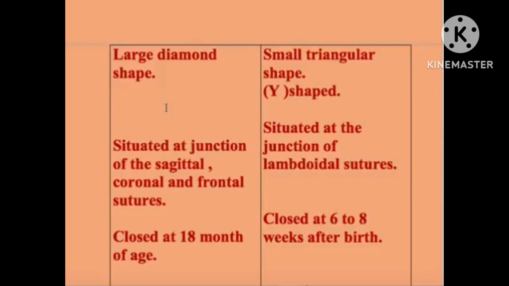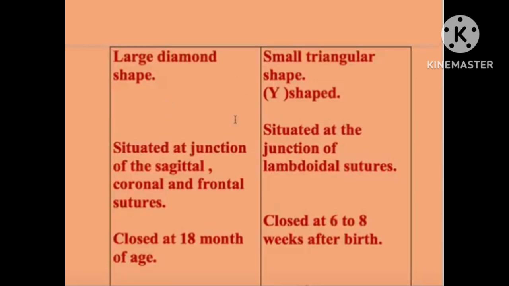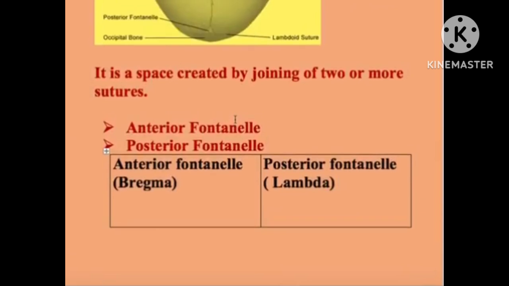Anterior fontanelle is situated at the junction of the sagittal, coronal and frontal sutures, and the posterior fontanelle is situated at the junction of lambdoidal sutures. Anterior fontanelle closes at 18 months of age, and the posterior fontanelle closes at 6 to 8 weeks after birth. So that is the key point of the fontanelle.